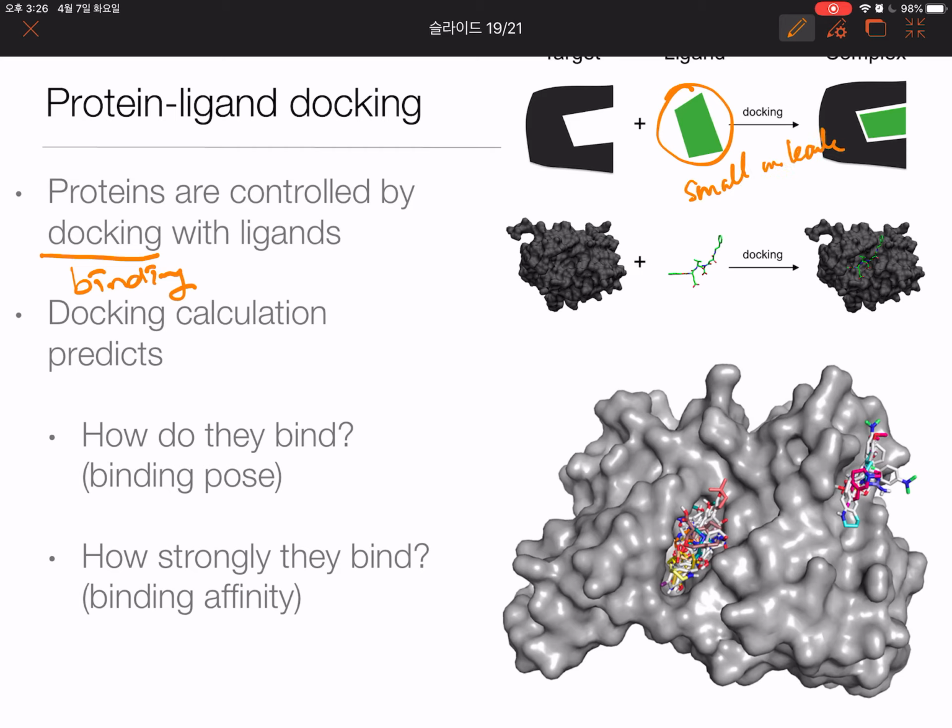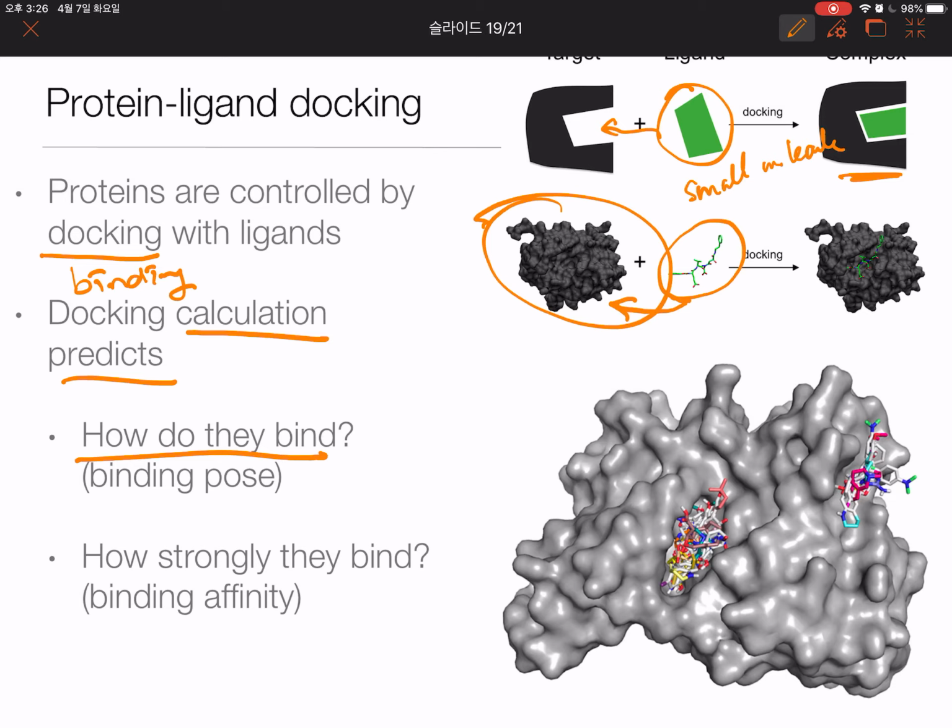The small molecule binds to this protein tightly, and then it changes the function of the protein. Docking calculation predicts how they bind. Let's say this is our protein, and we want to know how this one binds to here. This is one example of docking simulations. Ligands may bind here, or ligands may bind here.